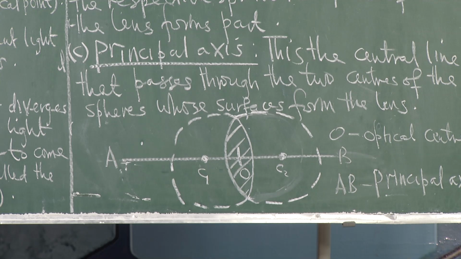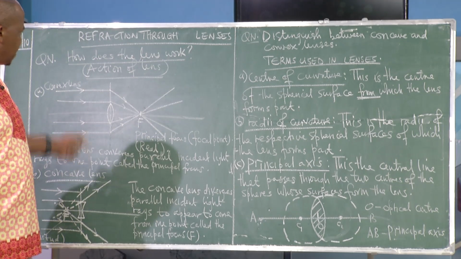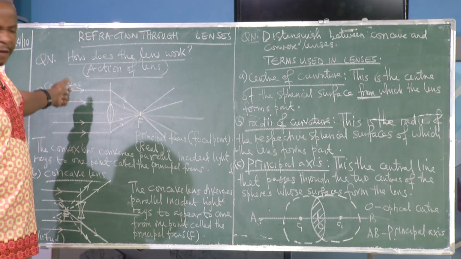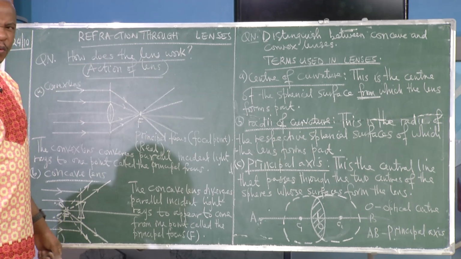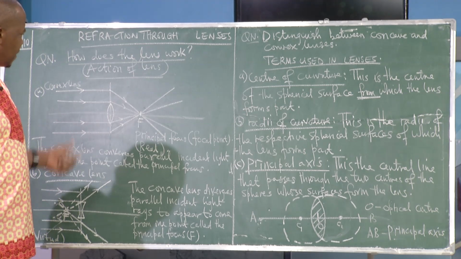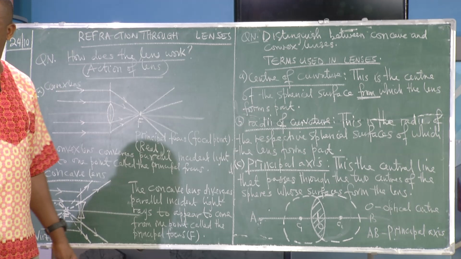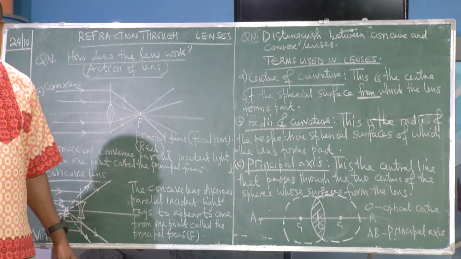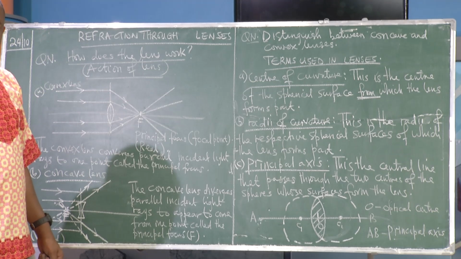Our next term is the optical center, and I will once again clear off the part that was showing us how a lens works. We saw how the two different types of lenses we have looked at today can refract light. Convex lenses refract incident parallel light.